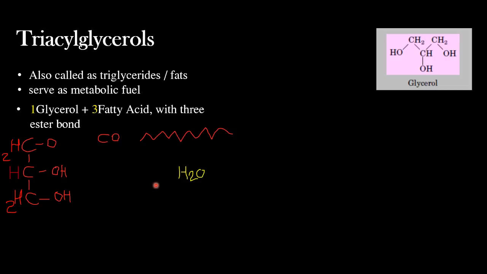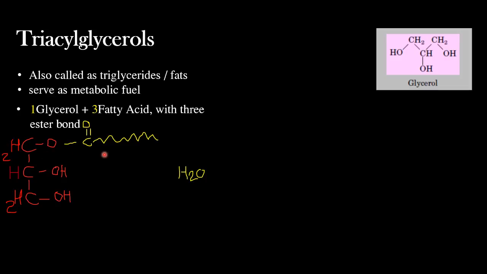The remaining fatty acid will form a bond with the oxygen, and an ester bond is formed. So this is how the fatty acid forms an ester bond with glycerol.